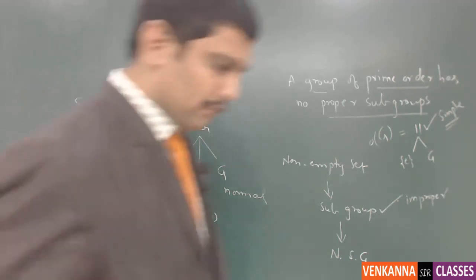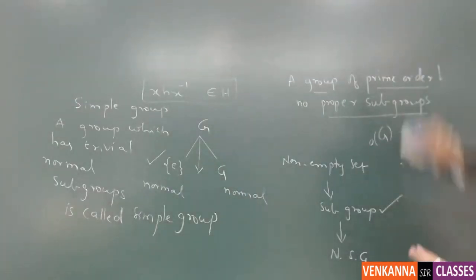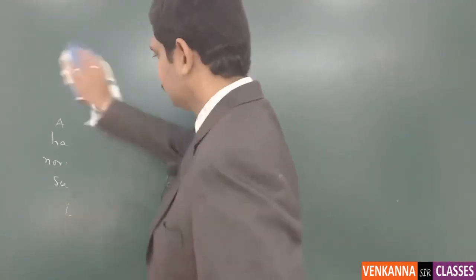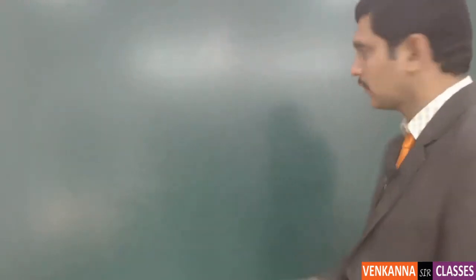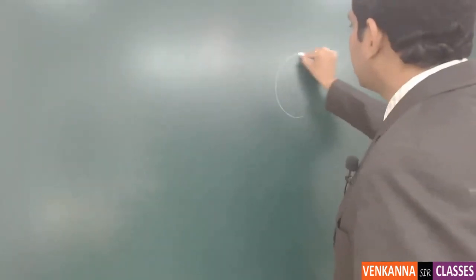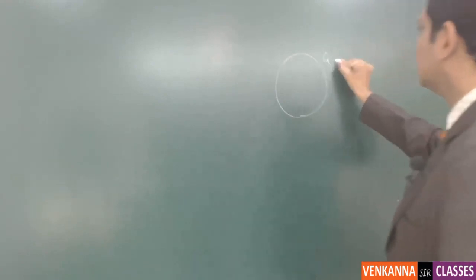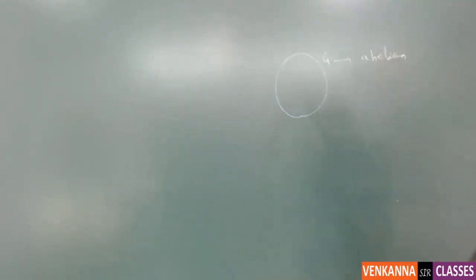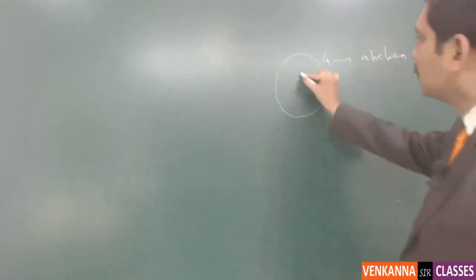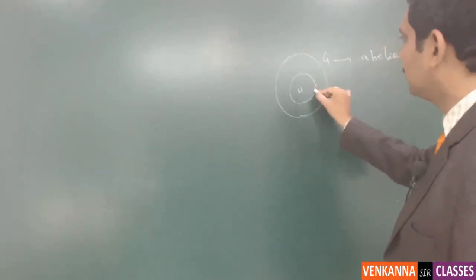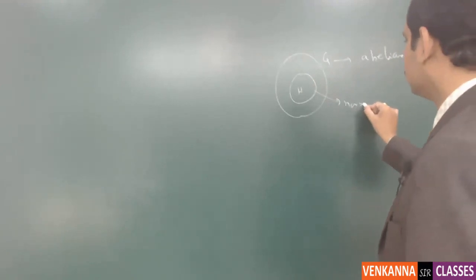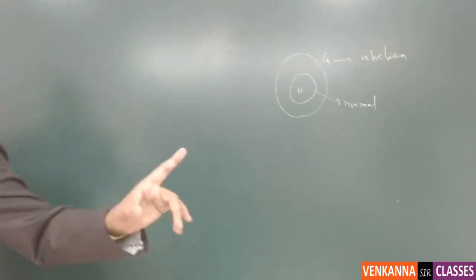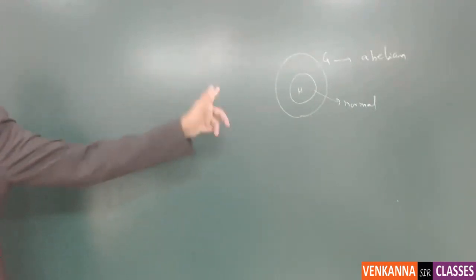In fact, from this discussion, we can deduce one small result. You take a group G, it is an abelian group. In that case, if you take any subgroup, it will become normal. So every subgroup of an abelian group is normal.